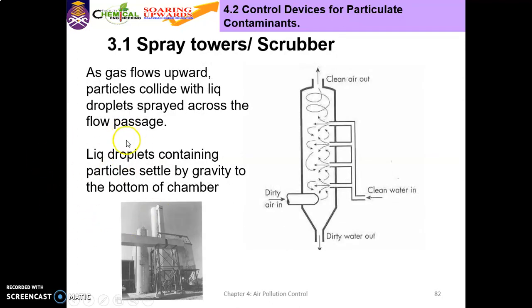This is the mechanism as I showed before: air in at the bottom, then the liquid droplets, and then clean air out. When the liquid droplets have trapped the particulates, they are collected here as dirty water out and become wastewater.